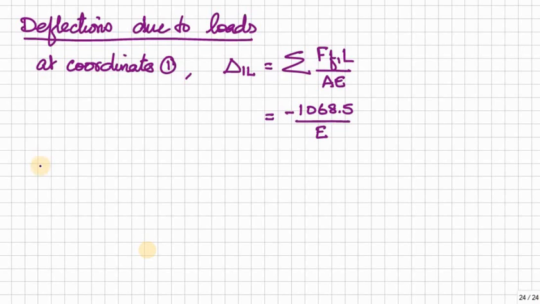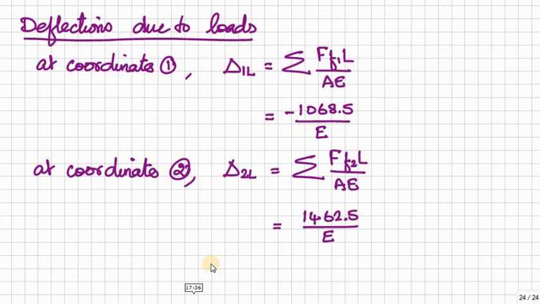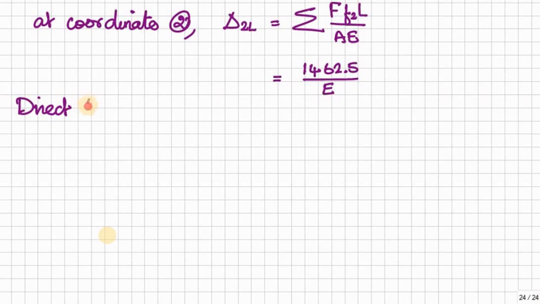Minus 1068.5 divided by E. Okay. Similarly, delta 2L. So delta 2L is nothing but 1462.5 divided by E. So now we can formulate the flexibility matrix using direct method.